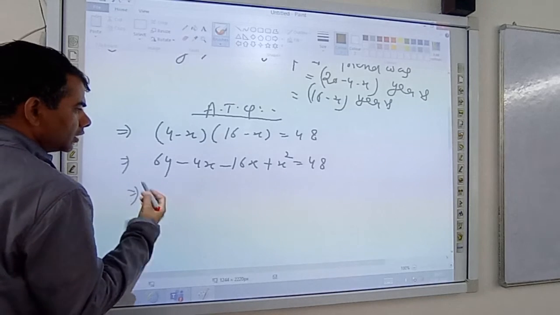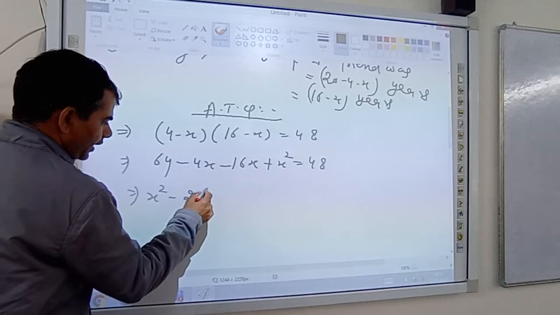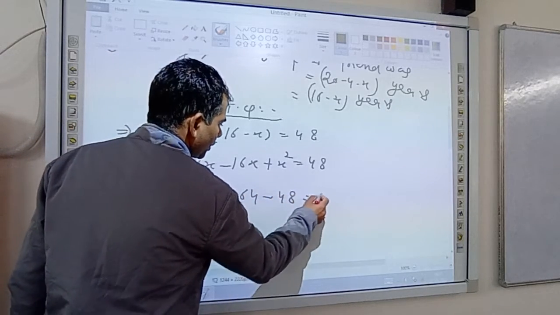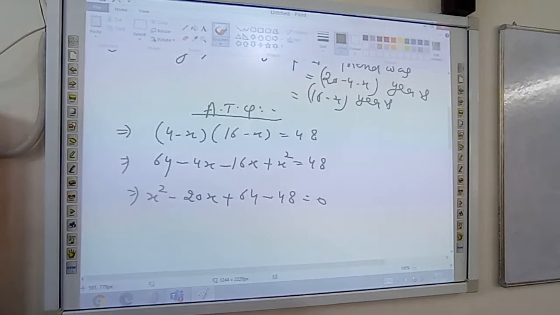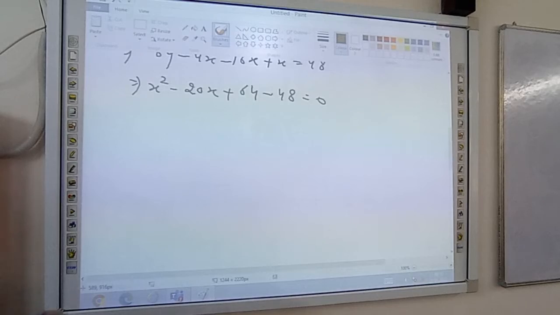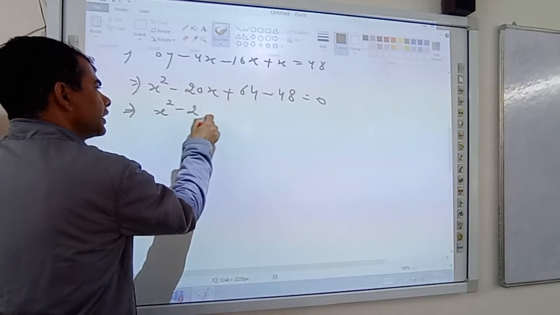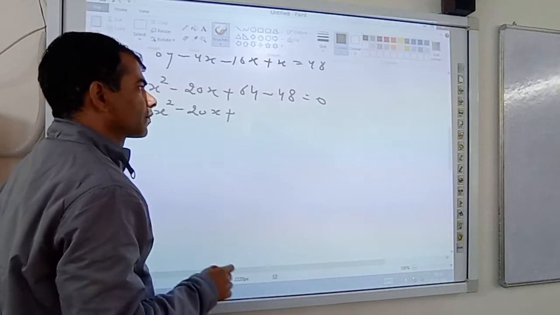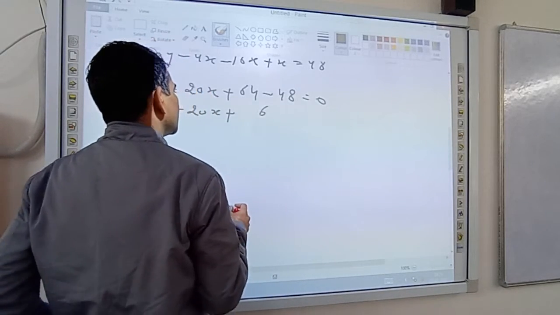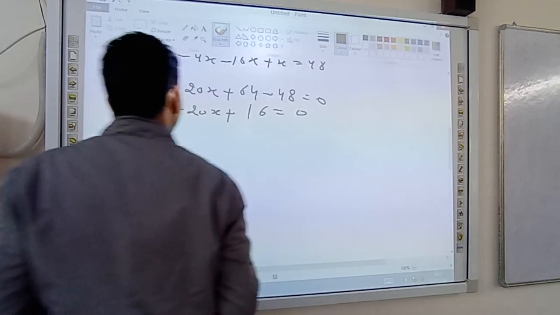Now x square minus 20x plus 64 minus 48 equal to 0. So x square minus 20x plus 16 equal to 0.